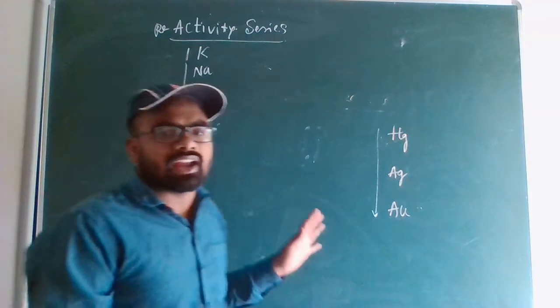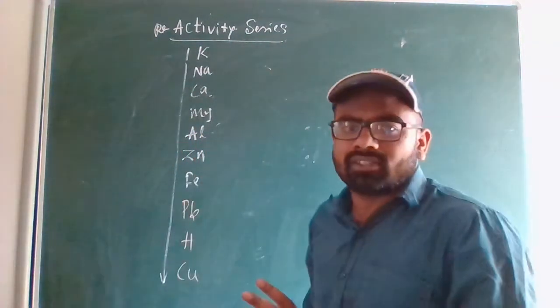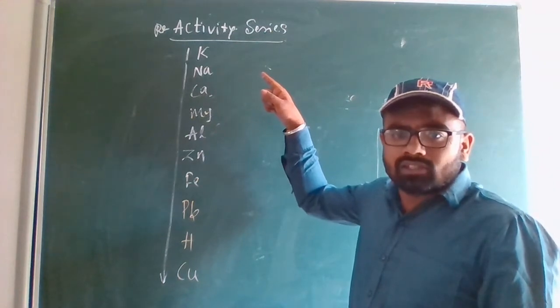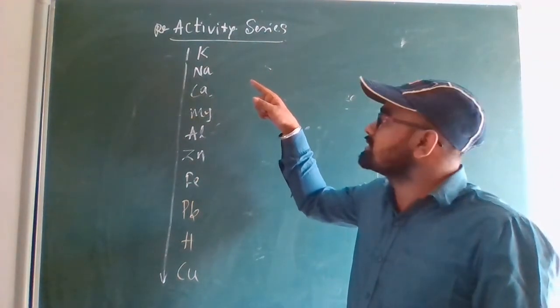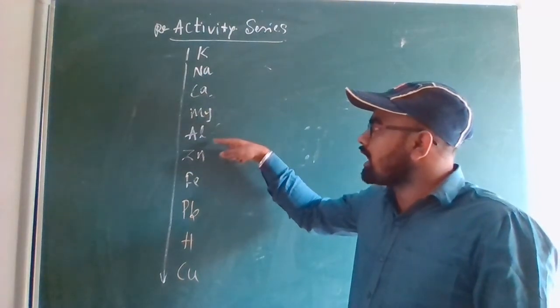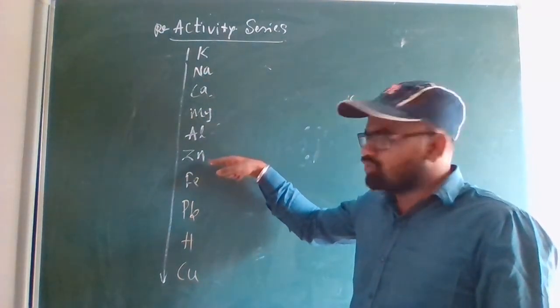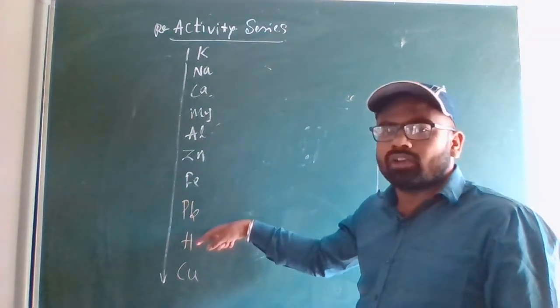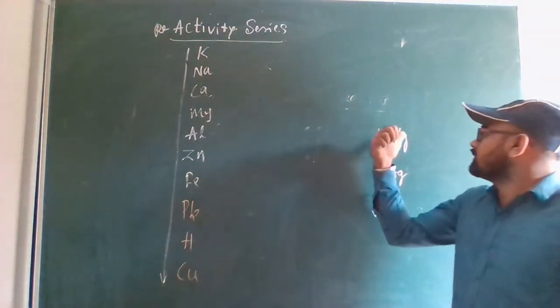Okay, this is the reactivity series. You should remember this. K is potassium. Na is sodium. Ca is calcium. Mg, magnesium. Al, aluminium. Zn, zinc. Fe, iron. Pb, lead. H, hydrogen. Cu, copper.